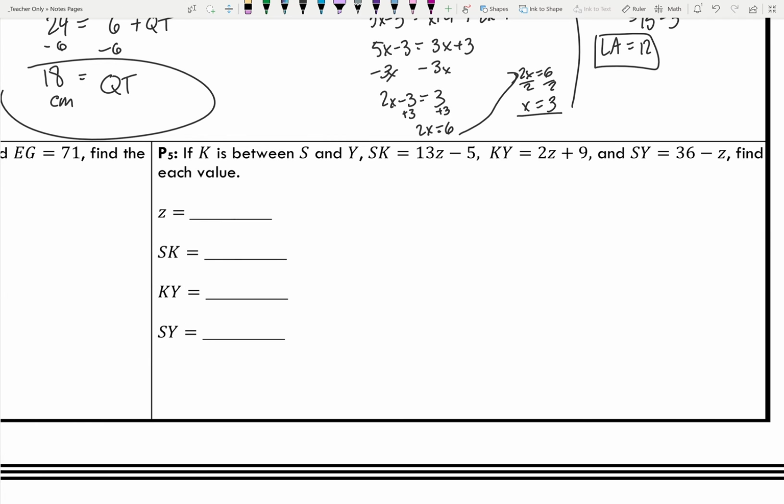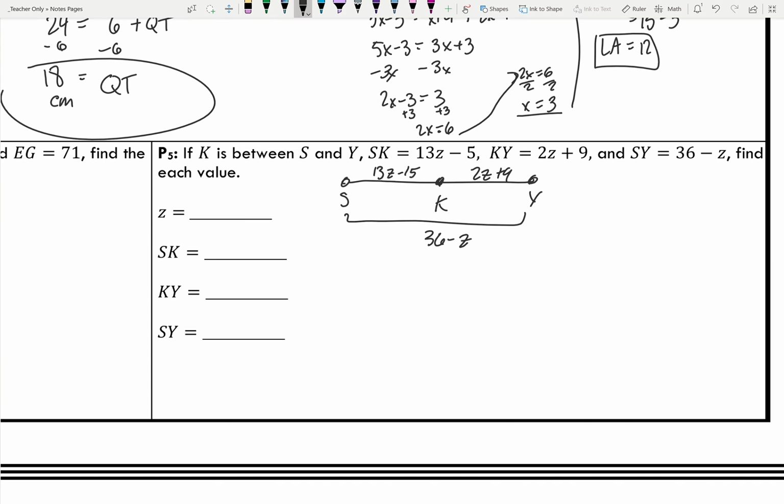Alright, so first we will use our segment addition postulate. Draw out S, Y, we've got K. SK is 13Z minus 15. KY is 2Z plus 9. Then SY is 36 minus Z.